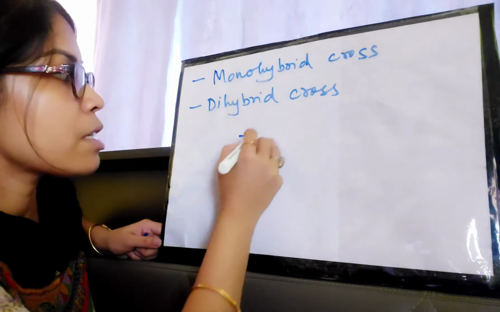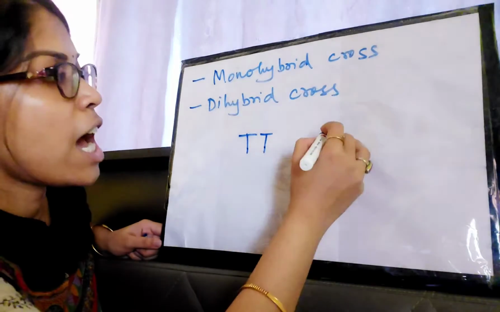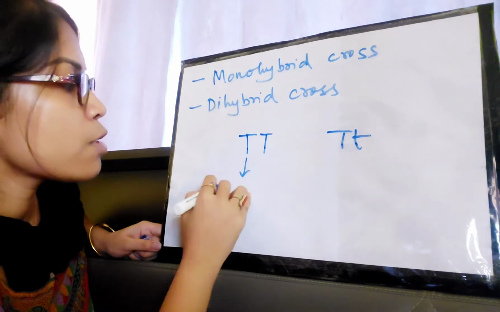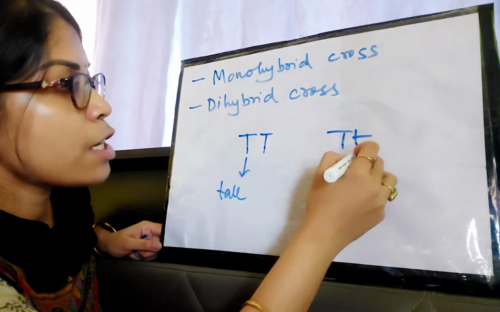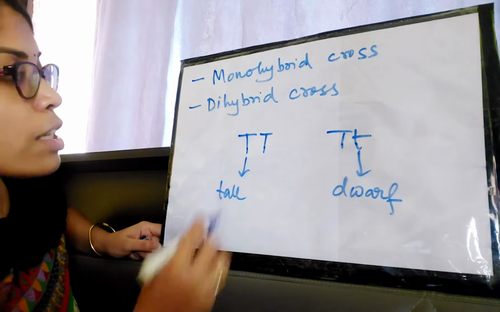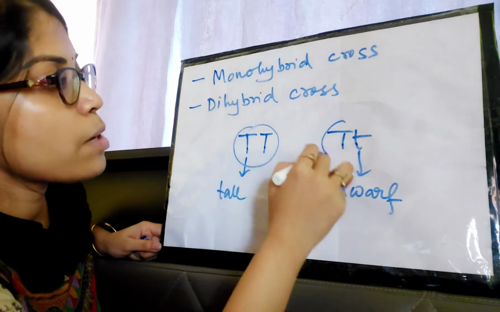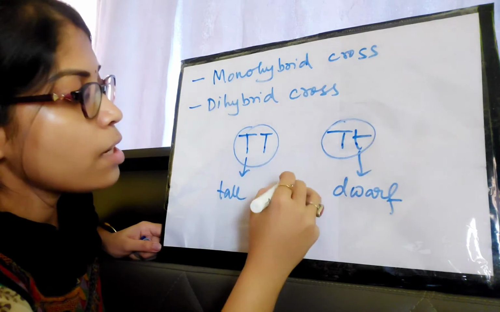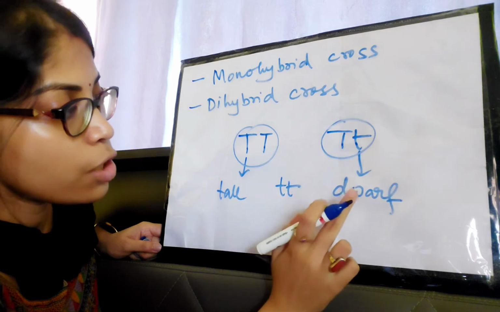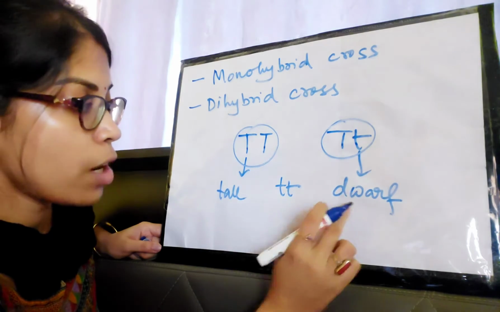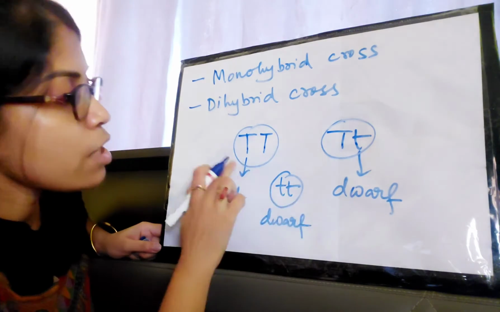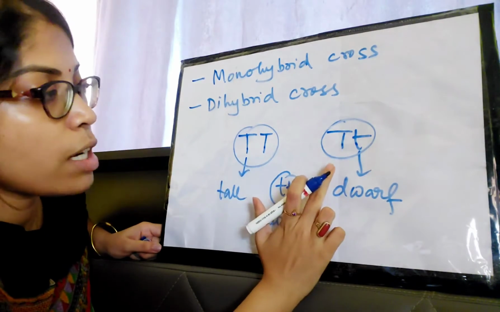So pure is capital T, and hybrid is capital T small t, where capital T is for tallness and small t is for dwarfness. Okay, so this one is pure tall, but this one is hybrid tall, and the other one, since it is small t, denotes the gene for dwarfness, so it is pure dwarf. These two are pure and this one is hybrid.